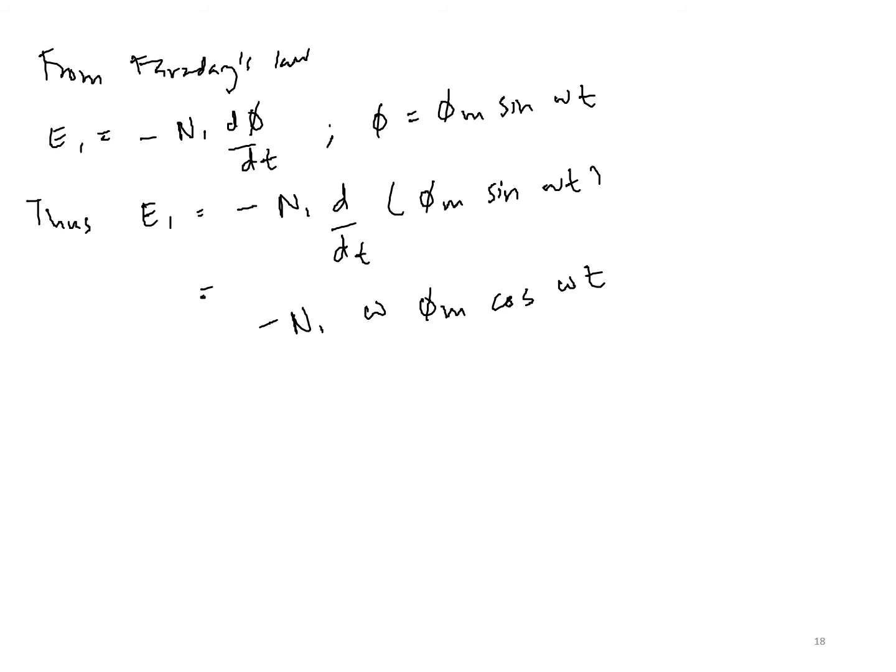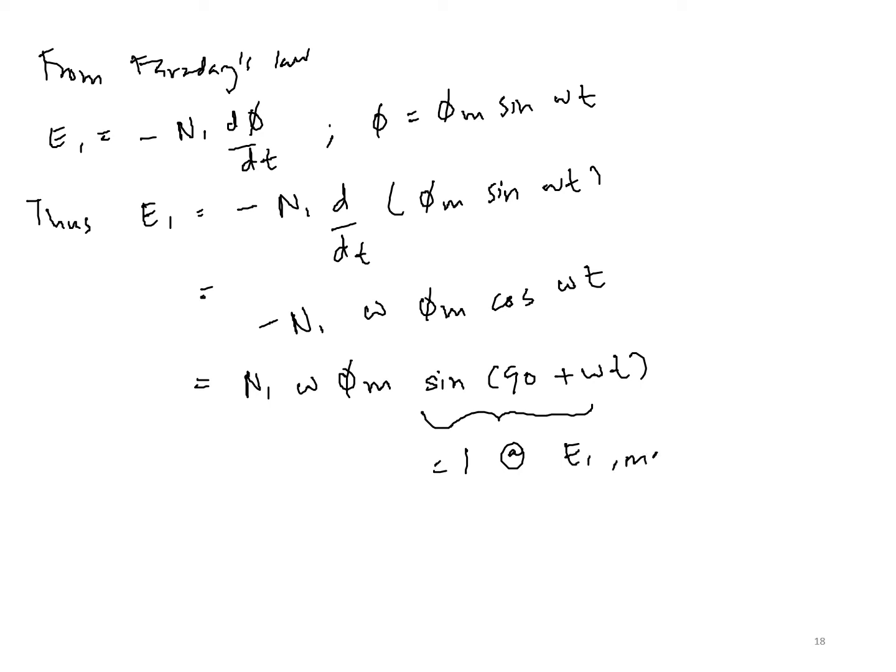This is also equal to N1 omega psi m sine (90 degree plus omega t). This is E1 maximum. Hence, E1 maximum is equal to N1 omega psi m.